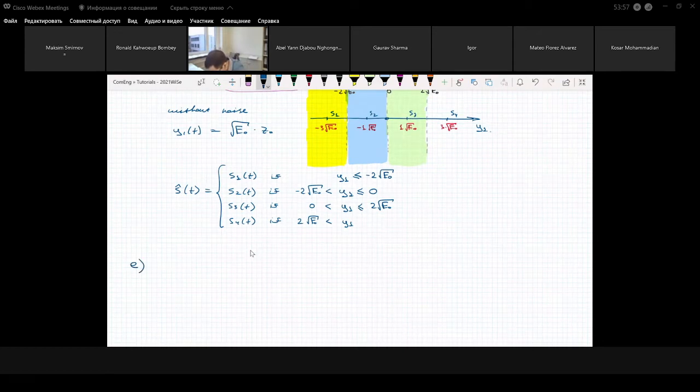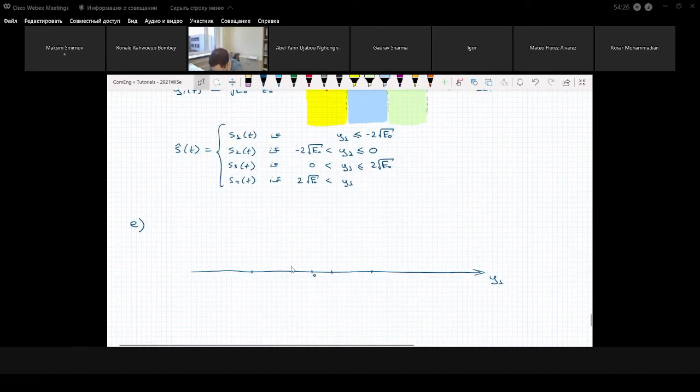So I will show that this is our output voltage, and we have different points. This, by the way, is 0. Okay, we have 4 points, and each point corresponds to a different signal: S1, S2, S3, and S4.